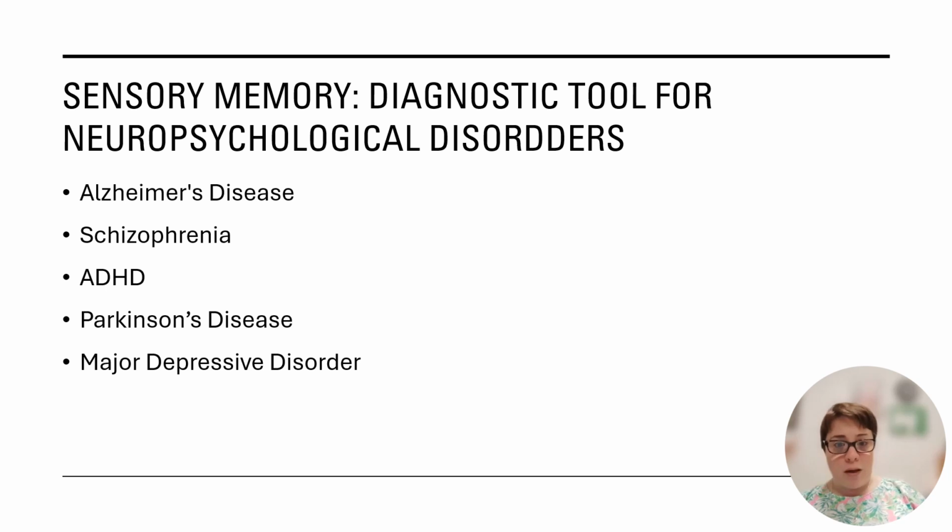And even for mental health disorders or psychopathology, such as schizophrenia, schizophrenia often involves deficits in sensory processing and memory. So tasks that measure iconic and echoic memory can reveal impairments in the early stages of sensory processing and integration, which are characteristics of schizophrenia.